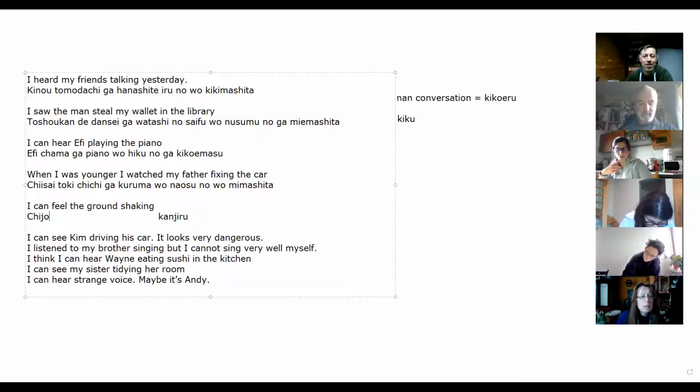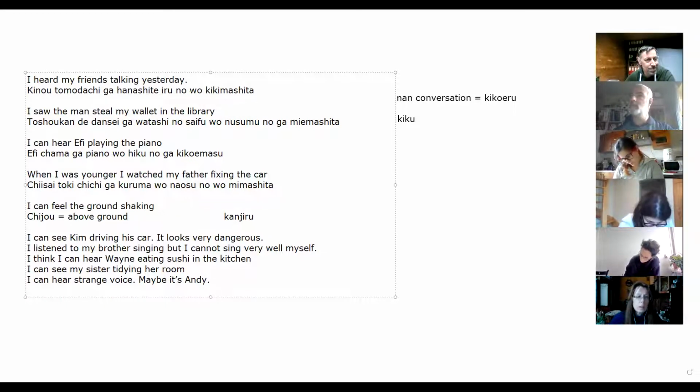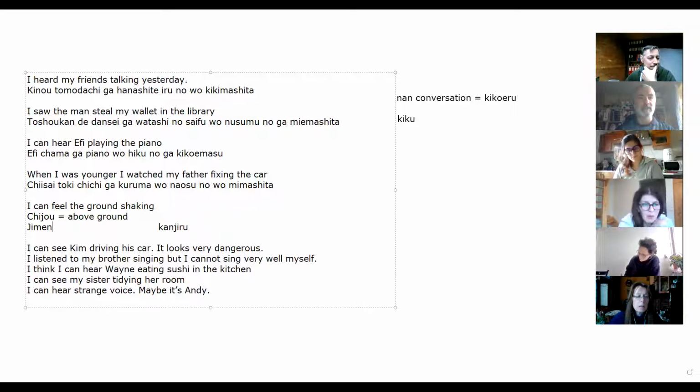Okay, let's put in the options. Chijo. This means above ground. Somebody said something else. Jimen. This means the surface of the ground.